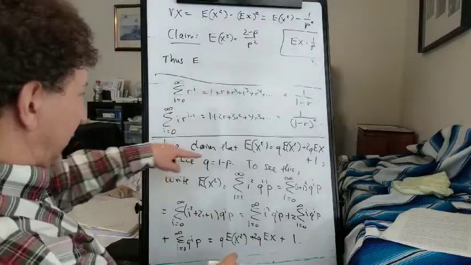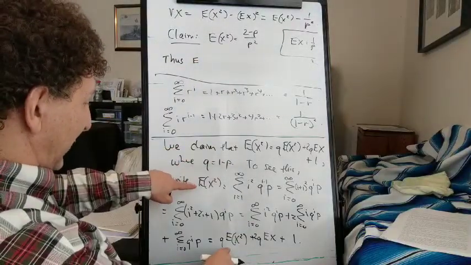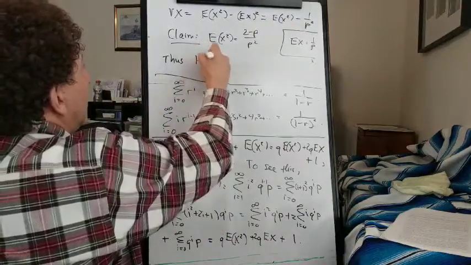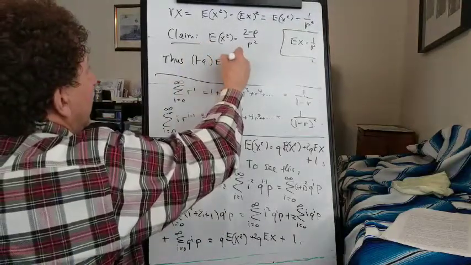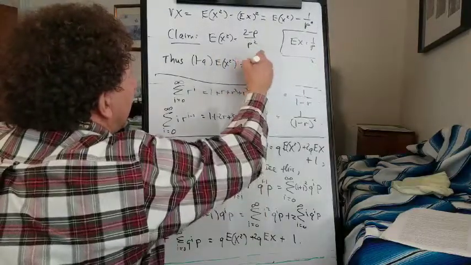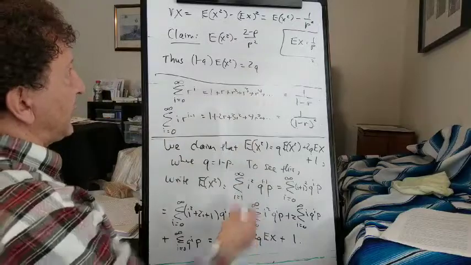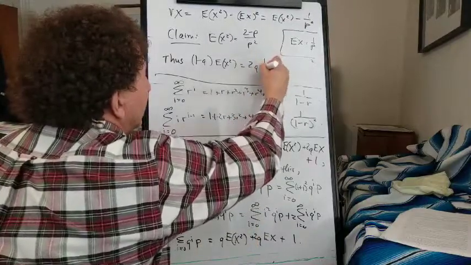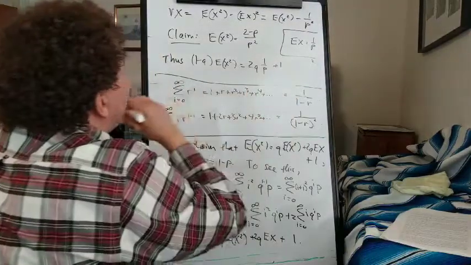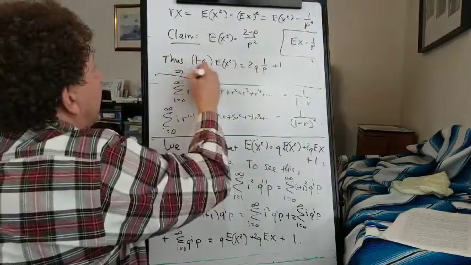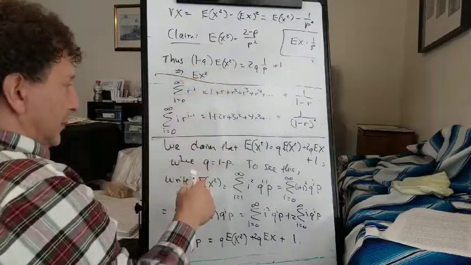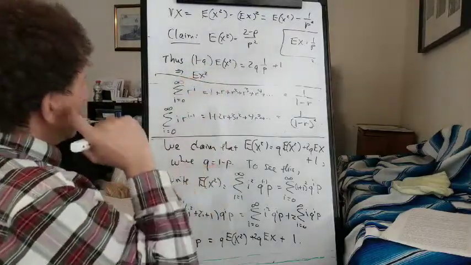So if we collect the expected value of x squareds on the left-hand side, we've got 1 minus q of them. And then on the right-hand side, we have 2q times expected value of x, which we know is 1 over p, plus 1. And that means expected value of x squared, 1 minus q is p because q is 1 minus p.